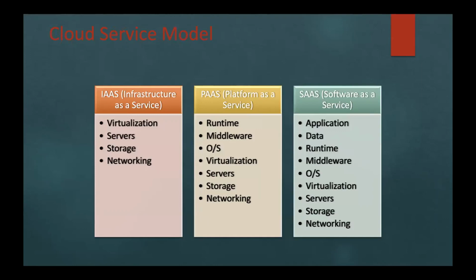So if you go towards your traditional infrastructure, traditional model, each and everything, whether it's the infrastructure, the hardware stuff, the operating system, the database, the networking, storage, middleware platform, runtime platform, in the traditional applications, you have to maintain each and everything.